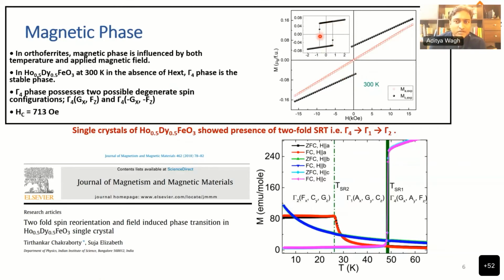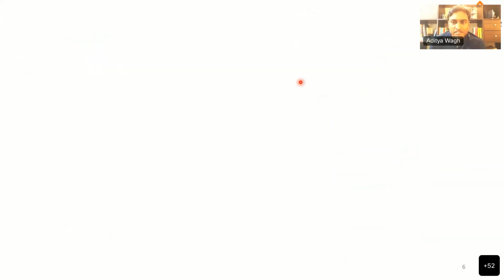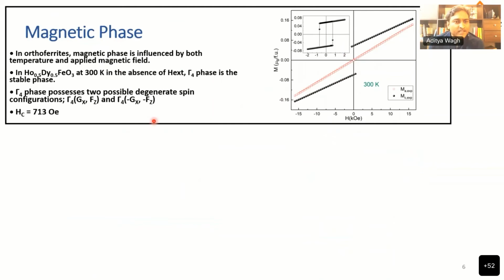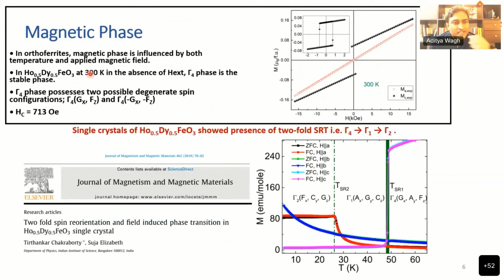The coercive field is around 713 oersted, and why is this switching happening? In the gamma 4 phase, as in the previous slide, we have GX, AY, and FZ, and here we have two possible degenerate spin configurations: one is gamma 4 GX FZ, and the other is gamma 4 minus GX minus FZ. So the spin configuration is flipped along the plus C and minus C directions, and this switching is between these two spin configurations.